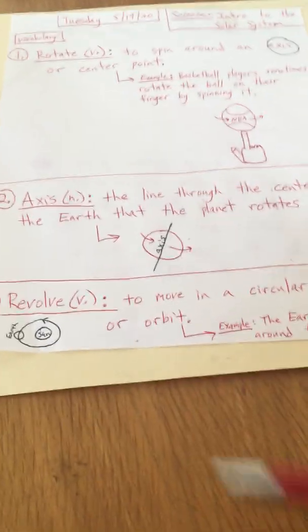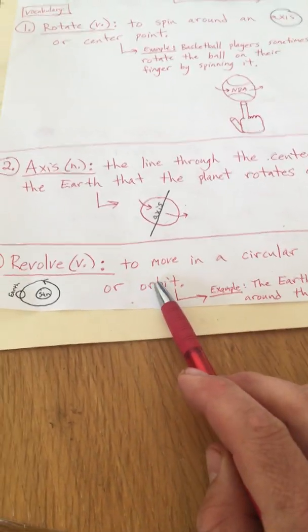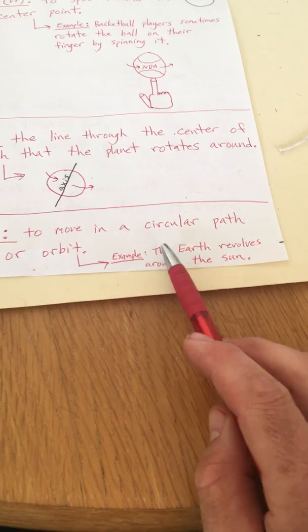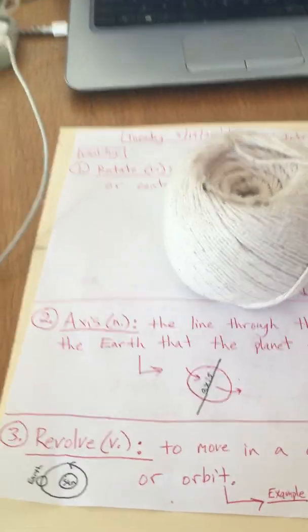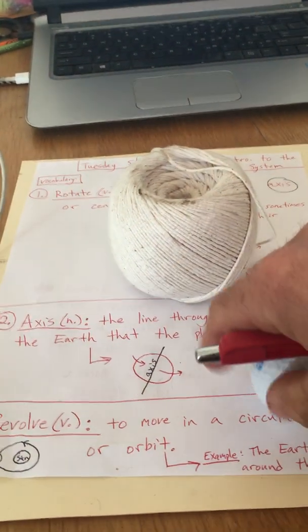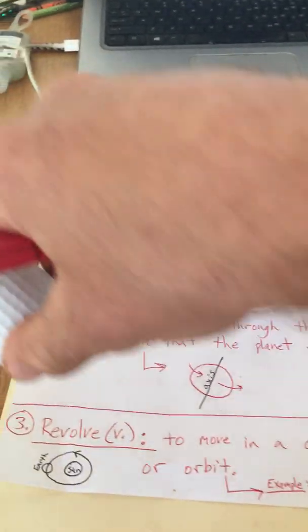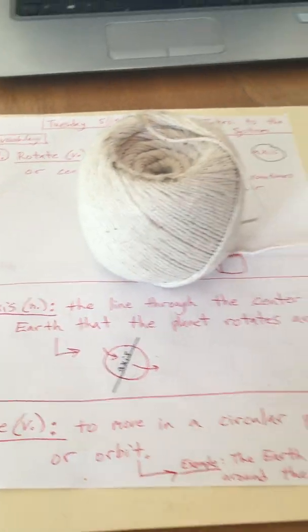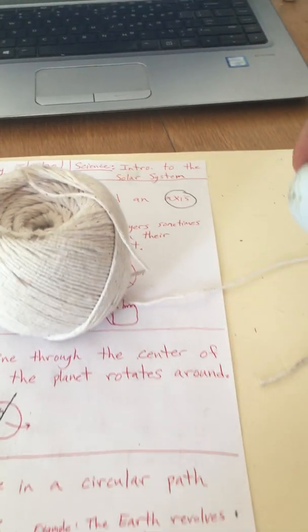Okay? And the third vocabulary word we have is revolve, which is a verb. So to revolve is to do something. To revolve is to move in a circular path or orbit. So here's an example. The Earth revolves around the sun. So if this big thing is the sun, our Earth rotates like this, it spins, and while it is rotating, it also revolves around the sun. So it actually goes around the sun like this.